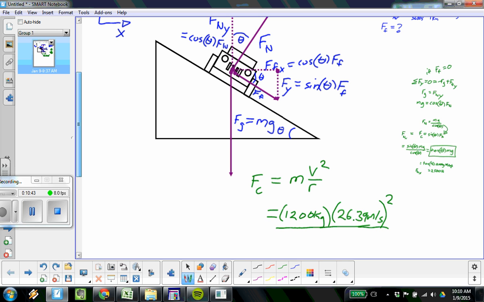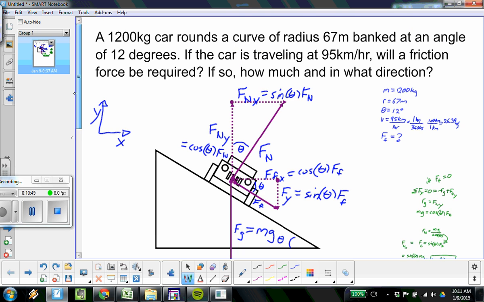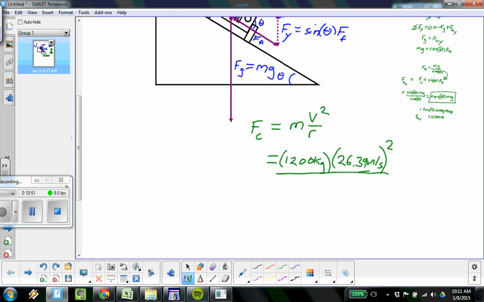And then that's going to be over r, which is, what did we say that was? Up here we said it's 67 meters. So a 67 meter radius turn. And that is in turn going to give us a value of 1.247 times 10 to the 4th newtons.